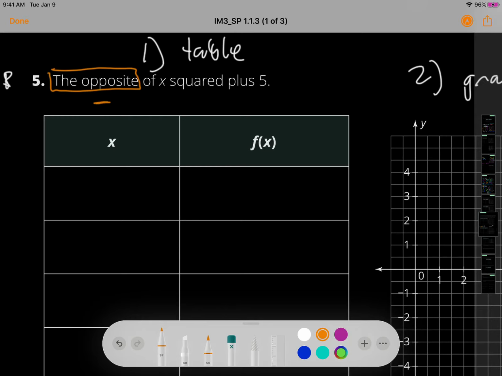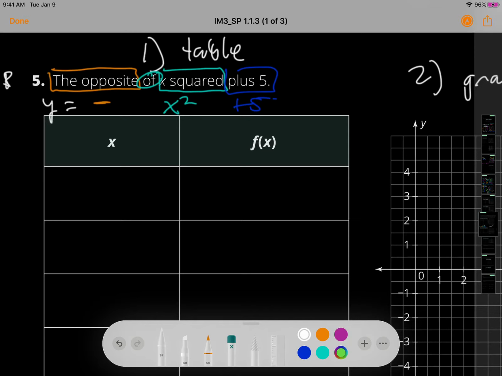So opposite just means the negative sign. Of means multiplication of x squared. So x squared and then plus 5. So I have y equals negative x squared plus 5.